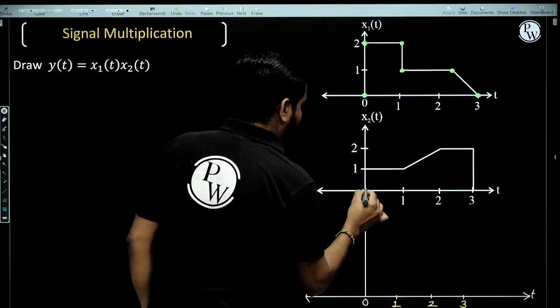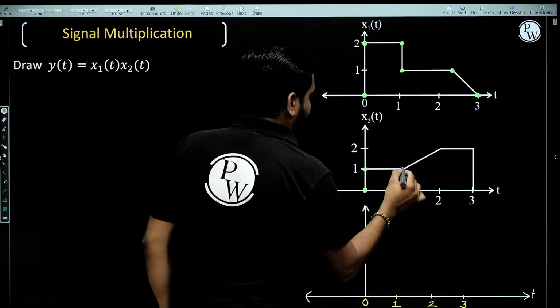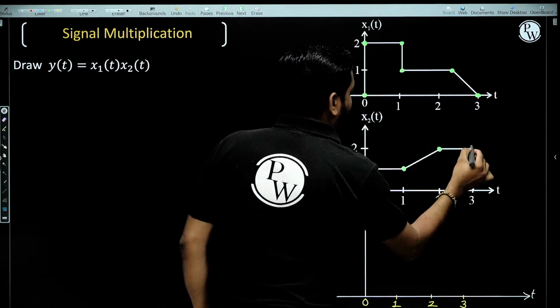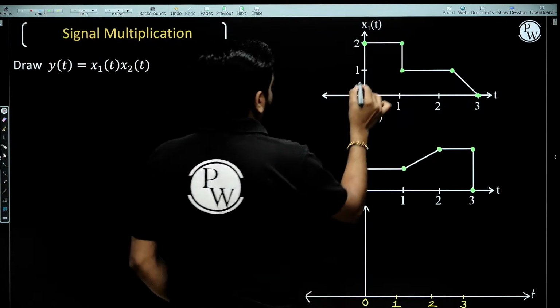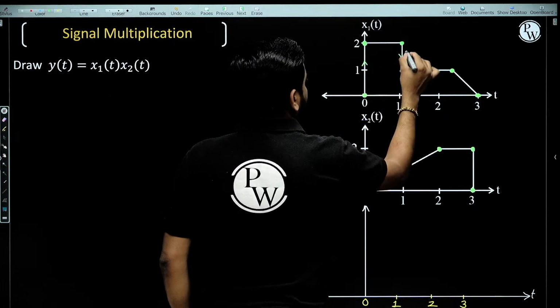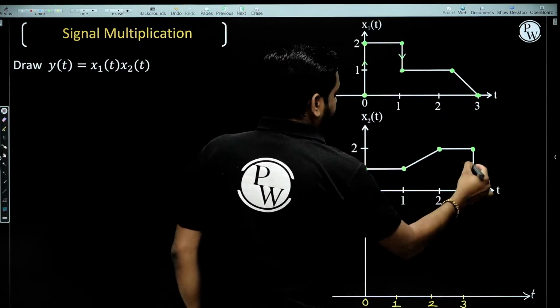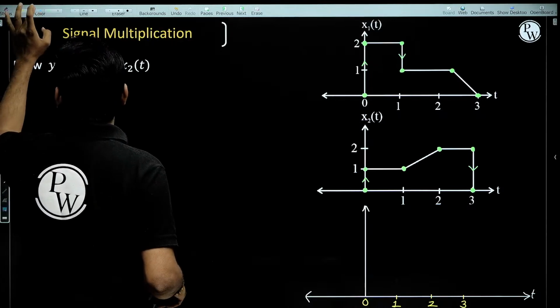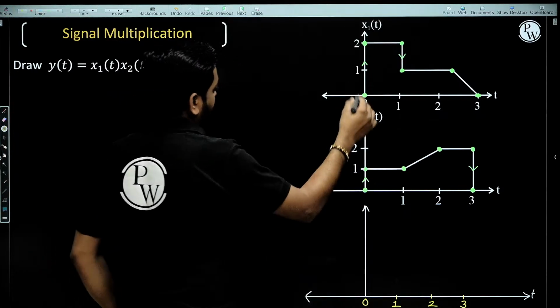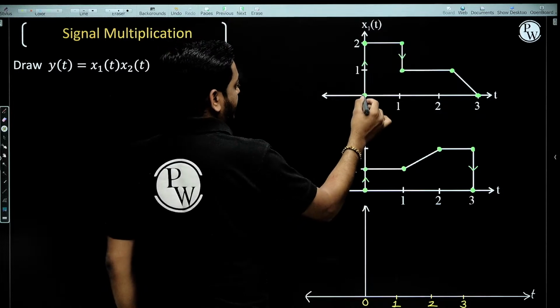Right here, this one, sudden change. So sudden change. Now at the origin, guys, minimum with minimum and maximum with maximum. This is the starting point.